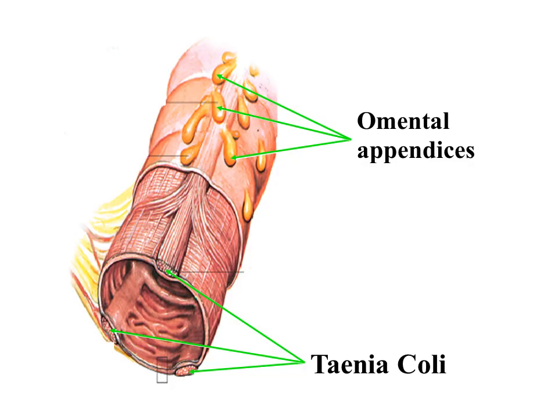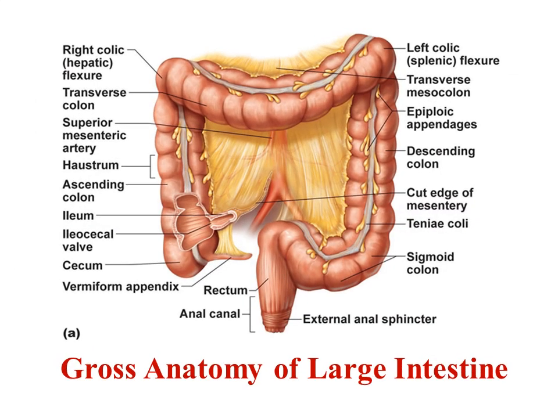As you can see here, this is a fat-filled pouch, the omental appendices or appendices epiploicae, and this is a thickening of the muscle bands called taenia coli. Here also you can see the transverse colon, ascending colon, appendix, and very clear here the transverse mesocolon.